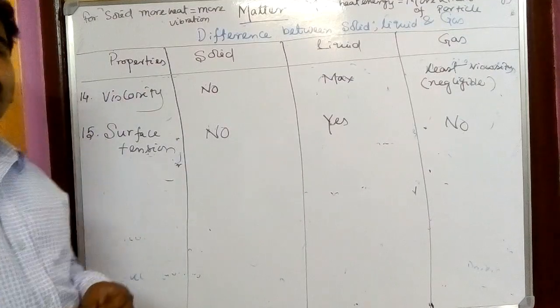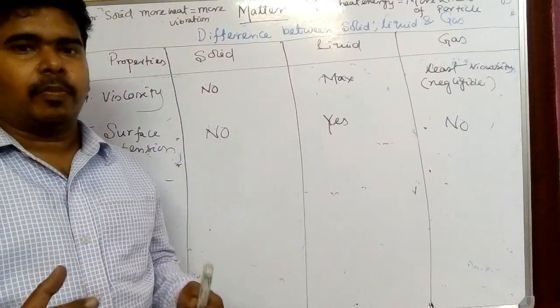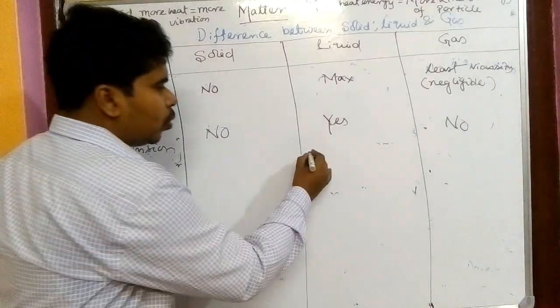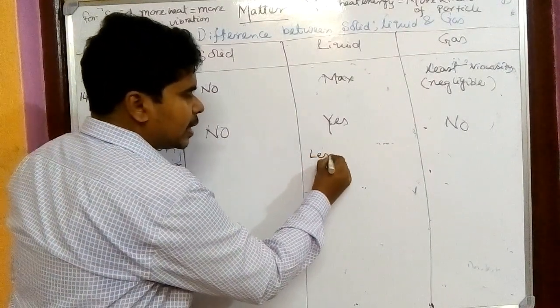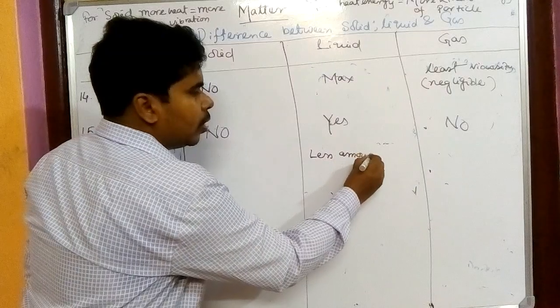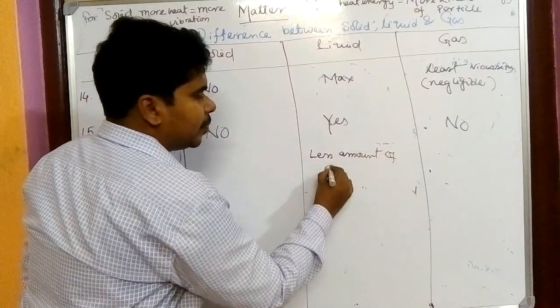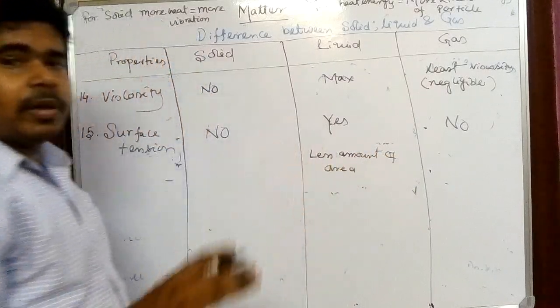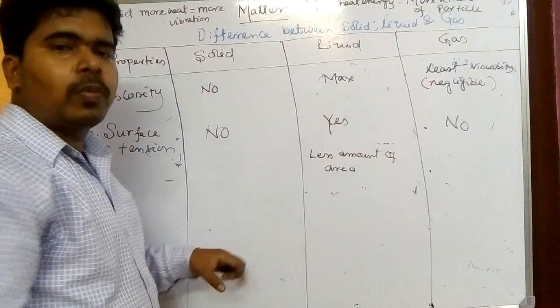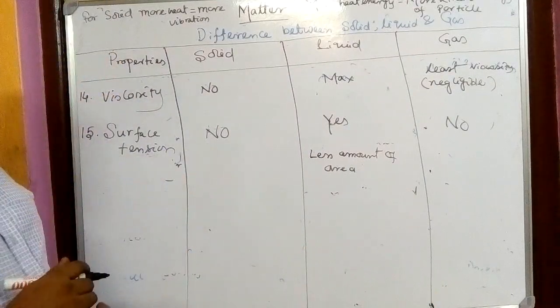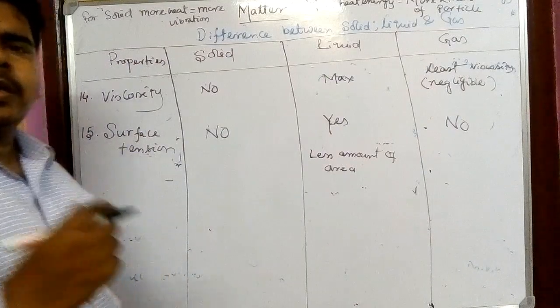Surface tension is the property of a liquid by which it will try to occupy a lesser amount of area. We have learned area in class 5 now. Area, the surface occupied by an object. Liquid tries to occupy less area. It is the property.